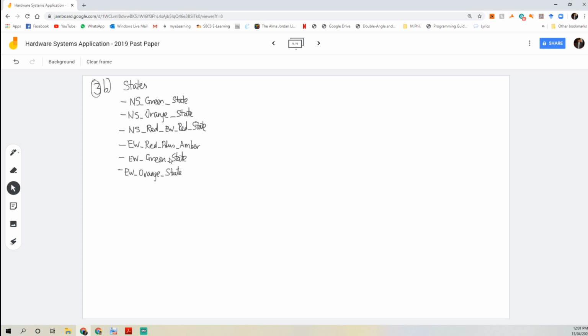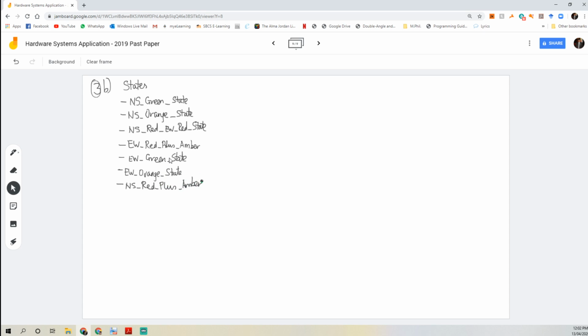And there's going to be some state where in going from north-south east-west red to north-south green, our north-south lights will be red plus orange. So I'm going to call that north-south red plus orange or amber.